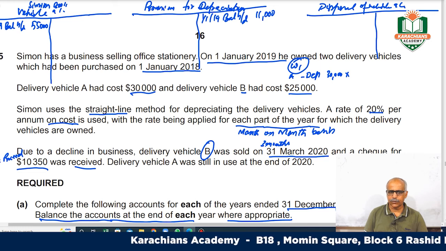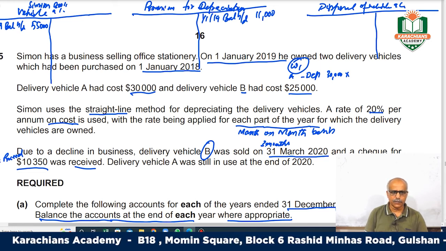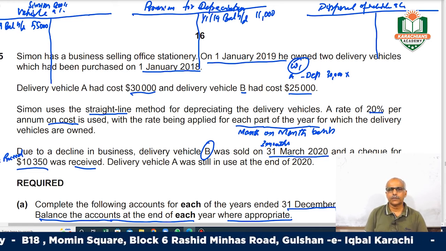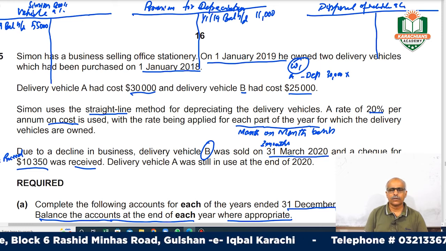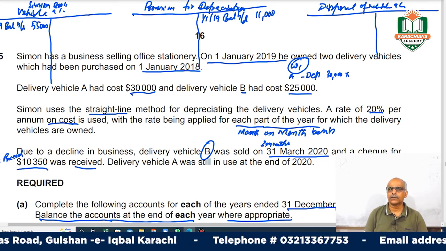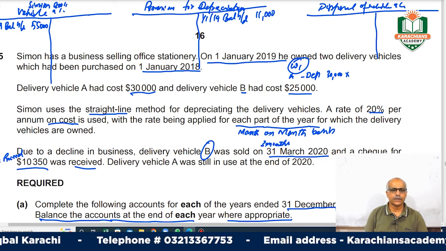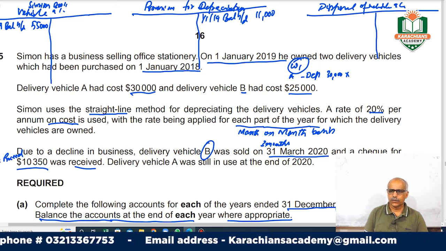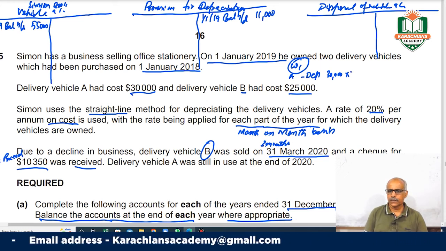Depreciation rate is 20, because this is a straight line method. So you know straight line is method applied on the rate is applied on original cost. It is not on the WDV. It is the original cost. Original cost is 30,000, and 20% you have to calculate.